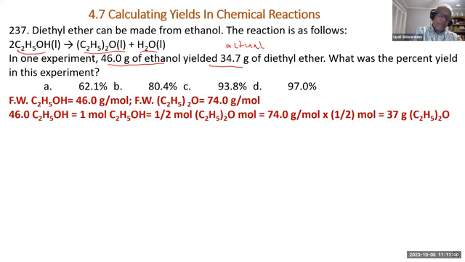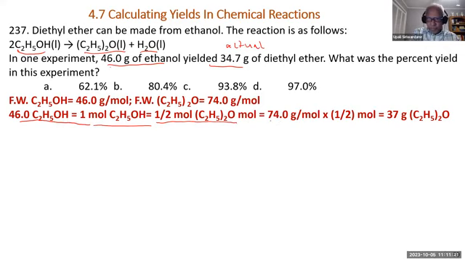You start with 46 grams of ethanol. Converted to 1 mole of, this is 2 to 1. Therefore, 46 grams has 1 mole. 1 mole is the half mole of diethyl ether, that's half of ethanol.